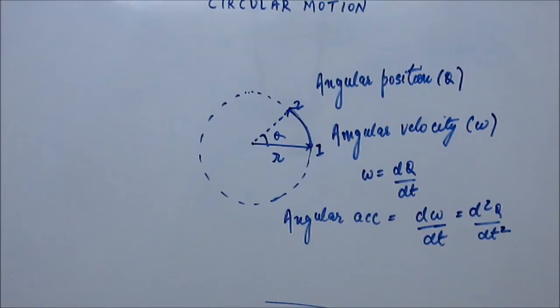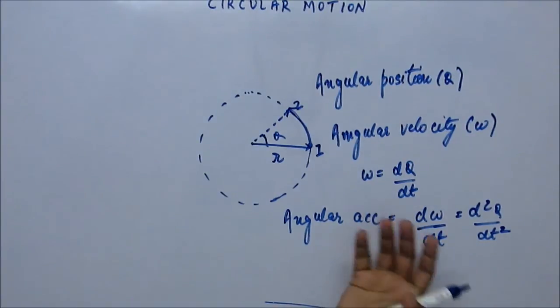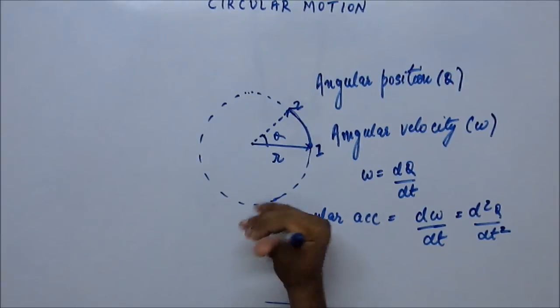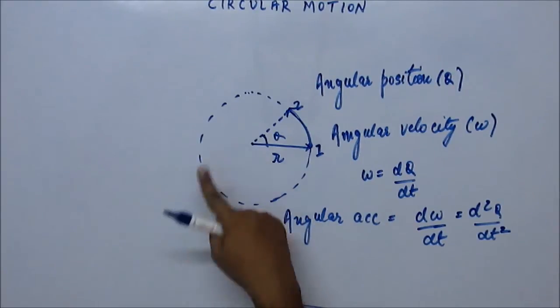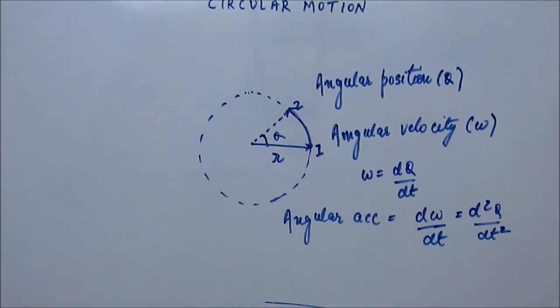So angular acceleration will be d square theta by dt square. Okay, so these quantities, angular velocity and angular acceleration, are axial vectors. The angular velocity would be upward, perpendicular to the plane of the motion.